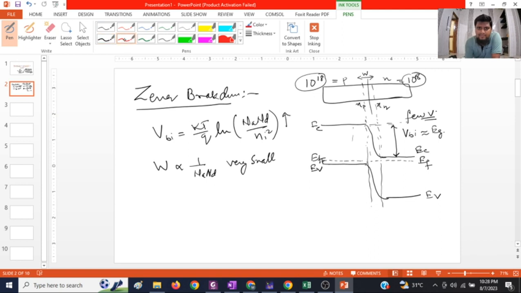what will happen? In the new energy band diagram, in reverse bias this built-in potential will increase, and it will look something like this.